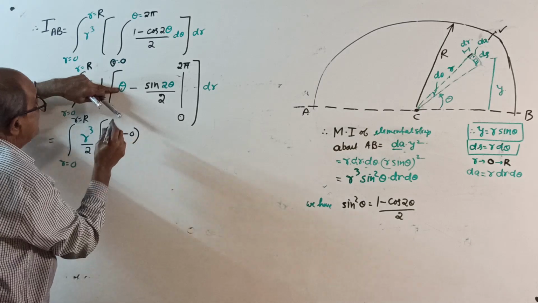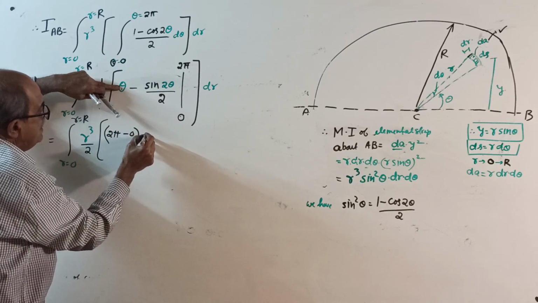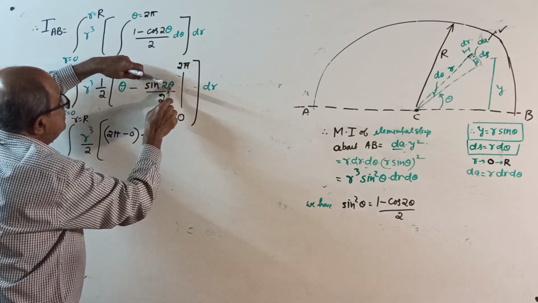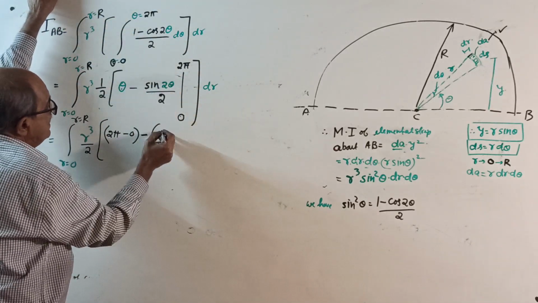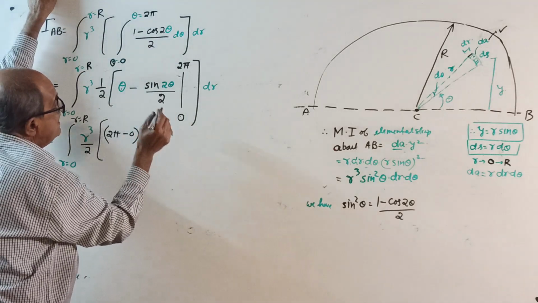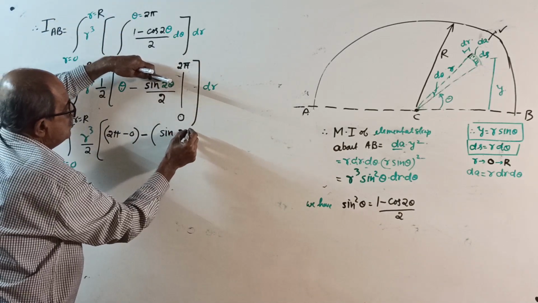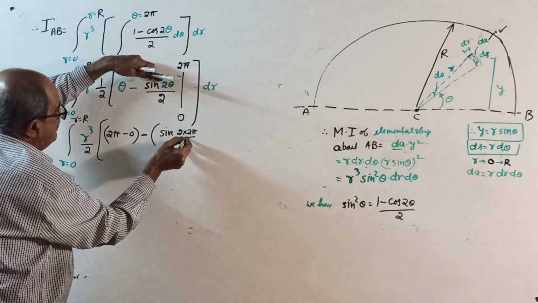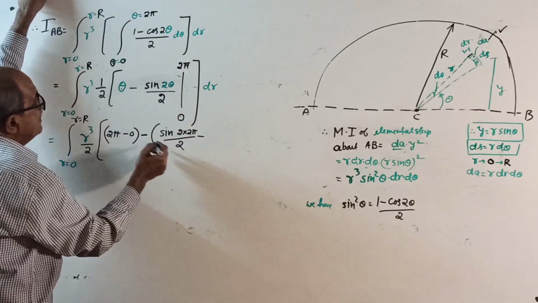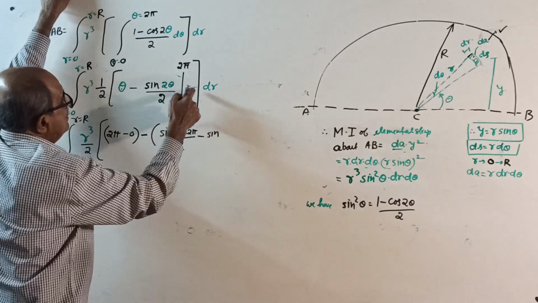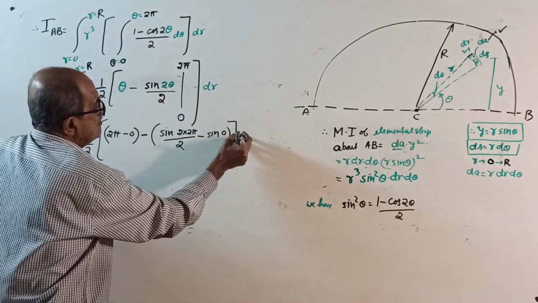This is upper limit, for theta, upper limit minus lower limit. Then outside minus bracket, sin 2 theta becomes what? This 2, 2 is also there. Sin 2 theta becomes sin, see, 2 theta, 2 into 2 pi divided by 2, which 2? This divided by 2, minus sin, lower limit is 0, 0. Okay, close the bracket into dr.